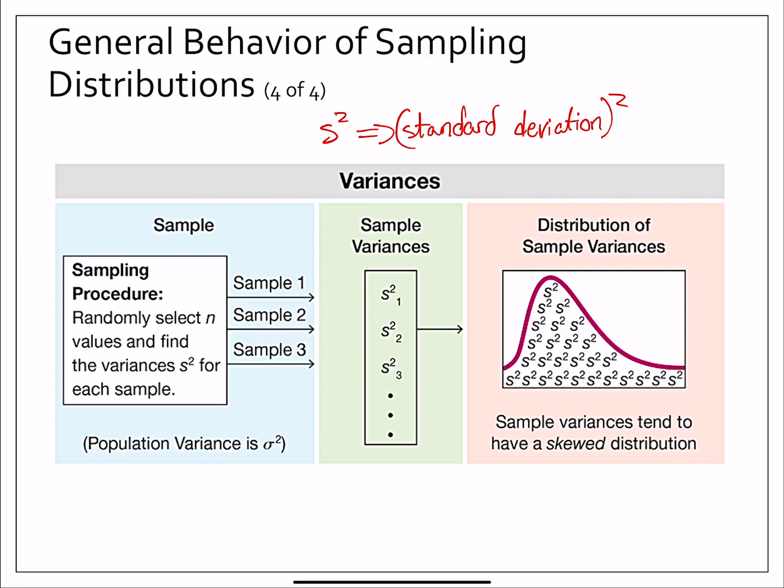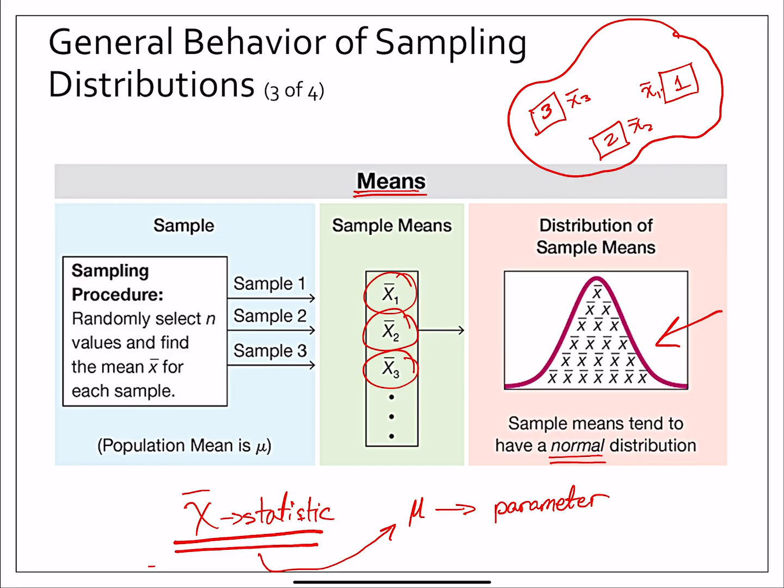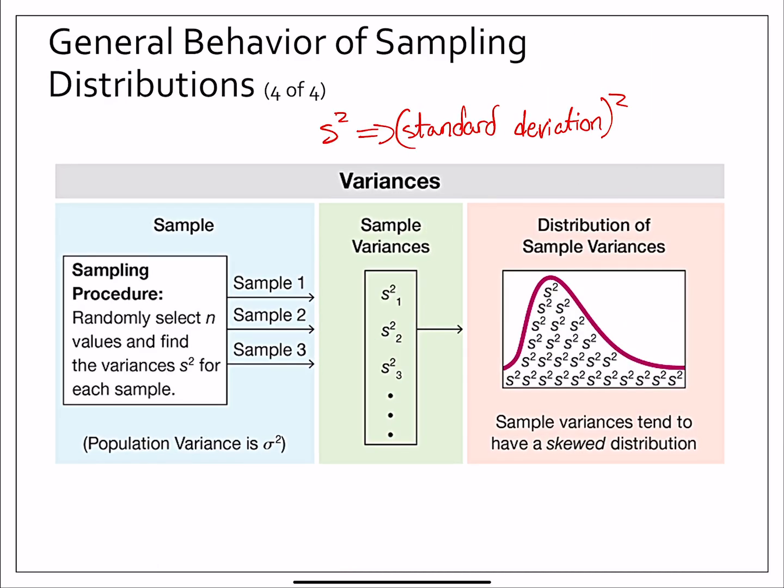Now, when we look at our variances, we're doing the same thing. We're taking our sample 1, sample 2, same thing we did here when we took all of our different samples. When we did that, we found the mean of each one. We found some proportions for each sample. What we're doing now is finding the variance for each sample, or the standard deviation for each sample.